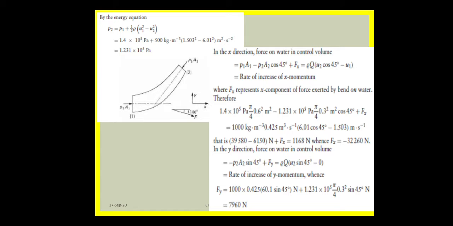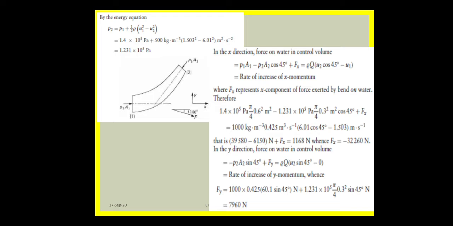Therefore, the rate of increase of y momentum, where Fy is equal to, the same, 1000 into 0.425 into 6.01 sin 45 degrees Newton plus Fy value, and the 1.231 into 10 to the power of 5 pi by 4 into 0.3 square sin 45 degree Newton, that is equal to 7960 Newton.